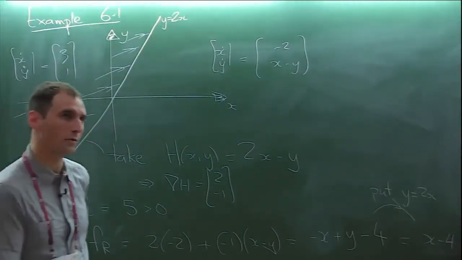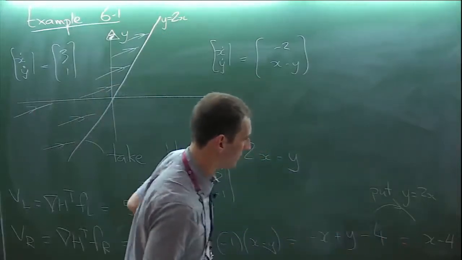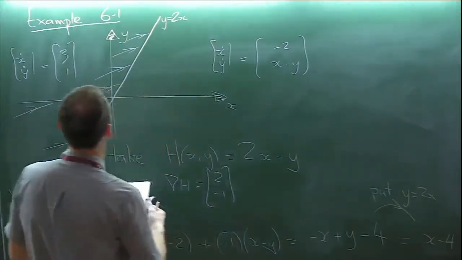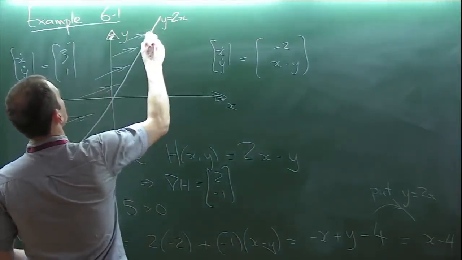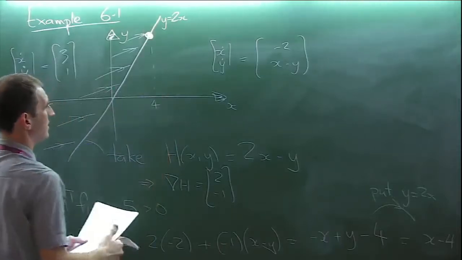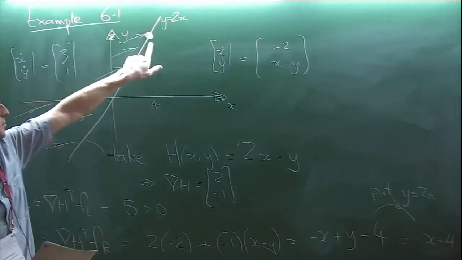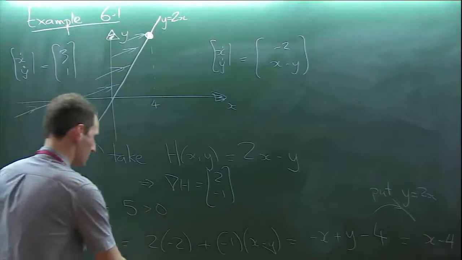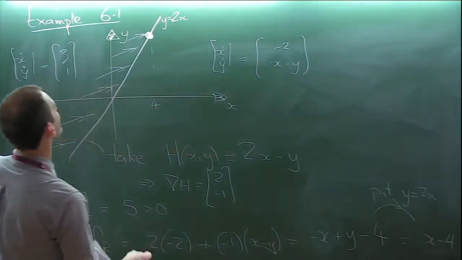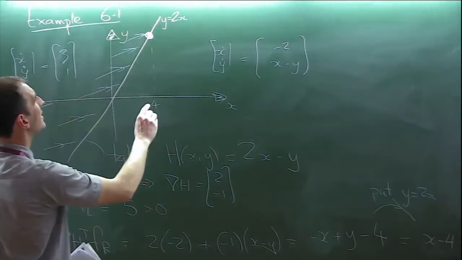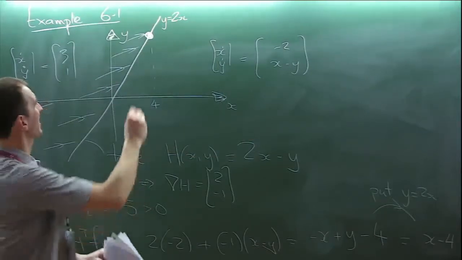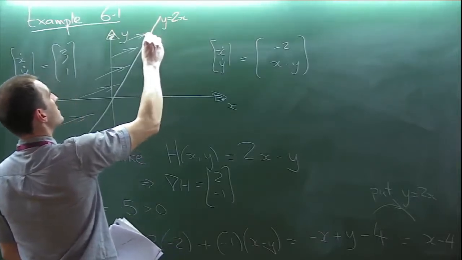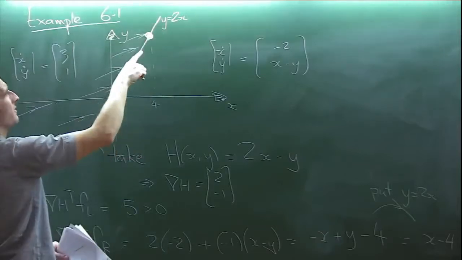And this morning you learnt that folds are where either VL or VR equals 0. So this equals 0 when x is 4. So I've got a fold at this point. Is it a visible fold or an invisible fold? Let's have a think. I would sketch the vector field nearby. At this point, my vector field is tangent to the switching manifold.